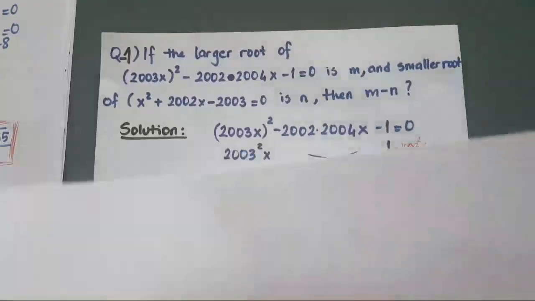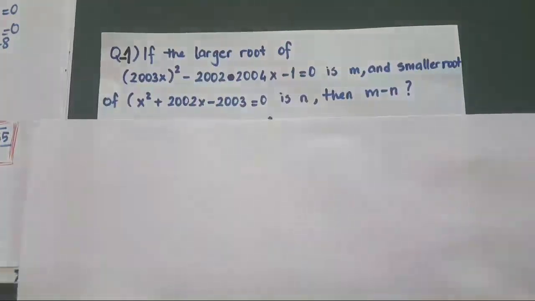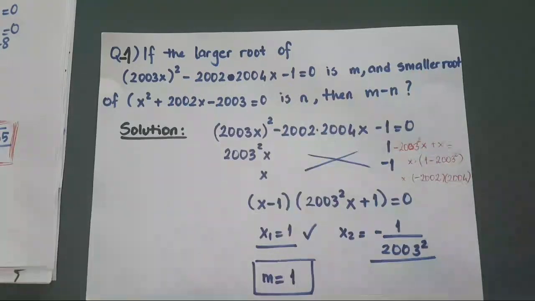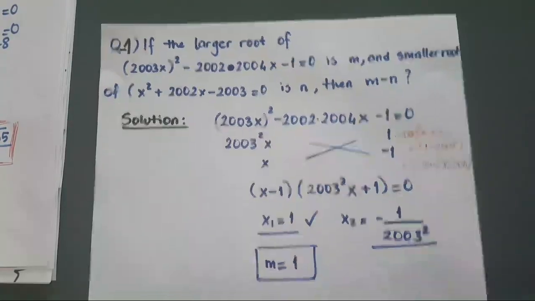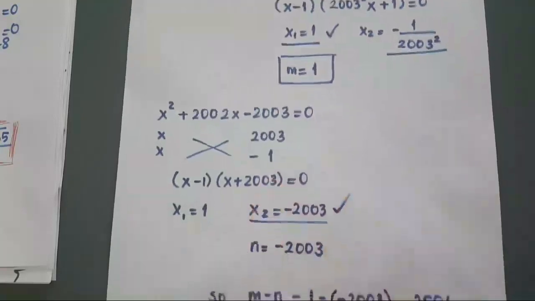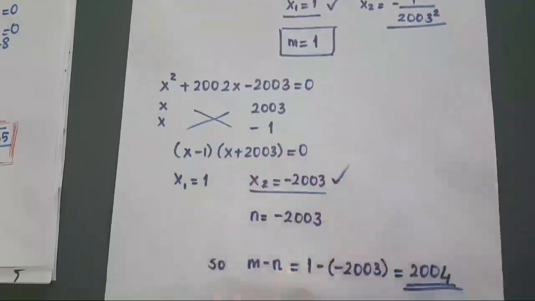First, here is this question. Then I have factorized the first equation. I used the factorization method for this exercise. We got m. And this is for the second equation, what I did.